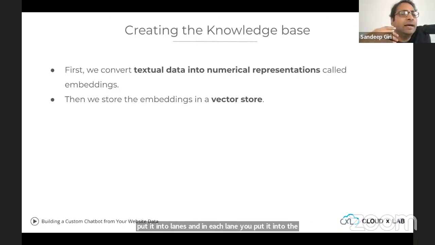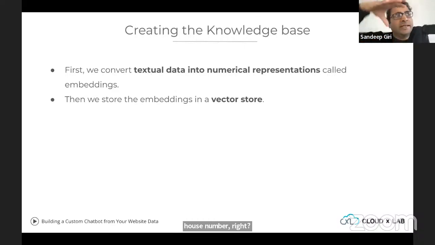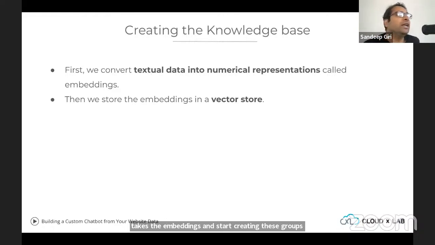Just like that, a vector store takes the embeddings and starts creating these groups and subgroups. And when somebody is looking for a particular embedding, it goes into the subgroups and gives you the nearest neighbors for that particular address. That's called the k nearest neighbors algorithm.